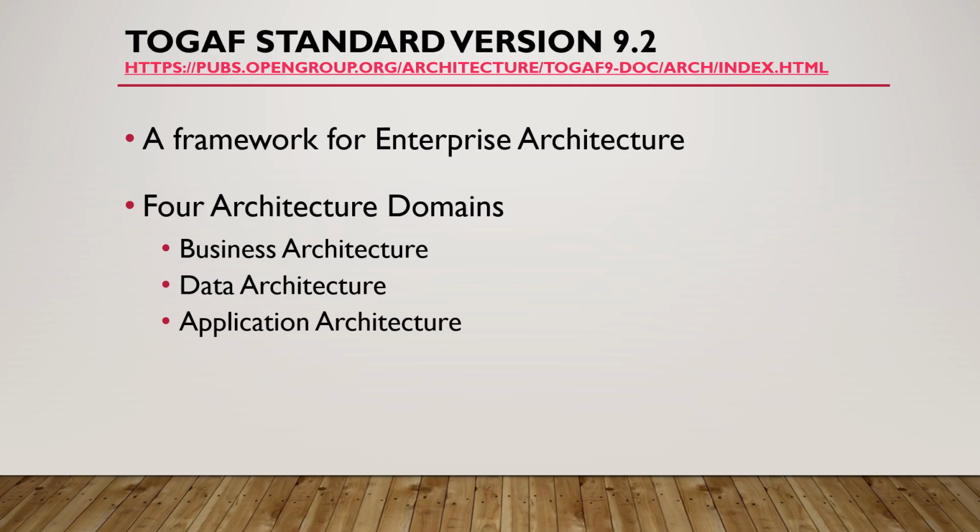The application architecture provides a blueprint for the individual applications to be deployed, their interactions, and their relationships to the core business processes of the organization. And the technology architecture describes the logical software and hardware capabilities that are required to support the deployment of business, data, and application services. This includes IT infrastructure, middleware, networks, communications, processing, standards, etc.